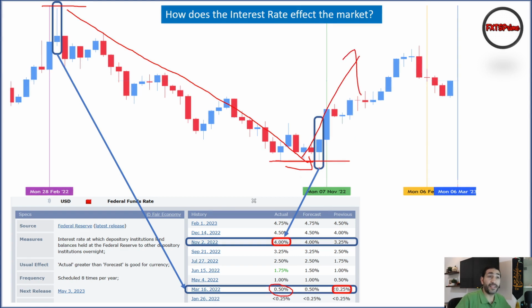So now, guys, if you correlate the technical analysis which we have taught you in our channel with the interest rate, you have it right. And you don't need to be too much of a genius about the interest rate. It is simple.